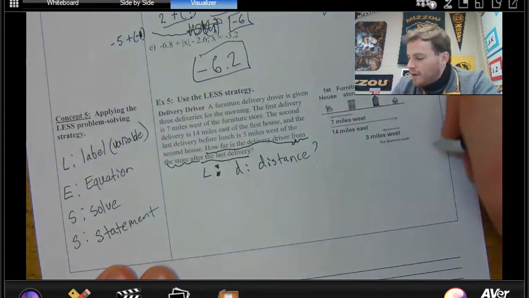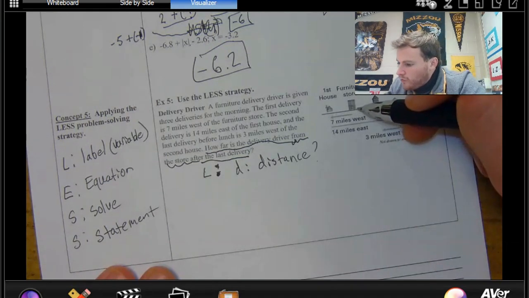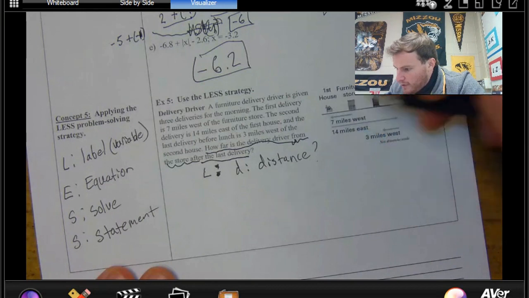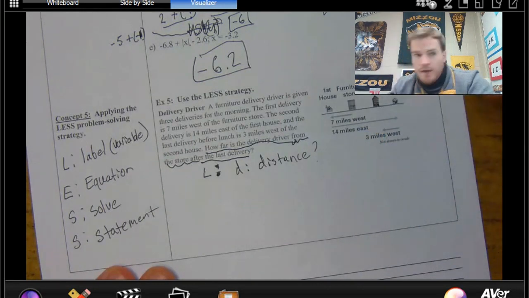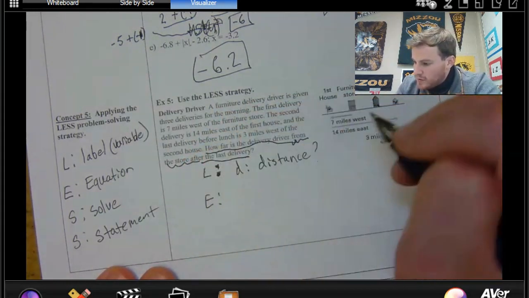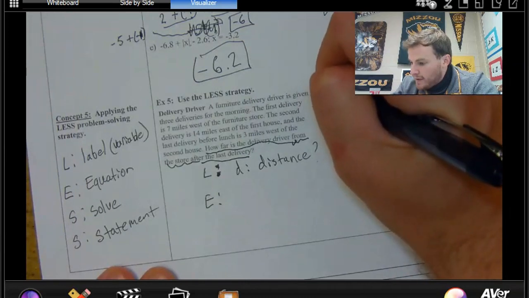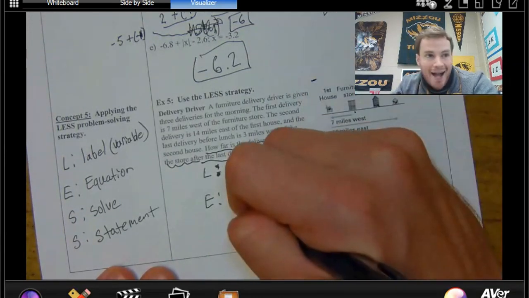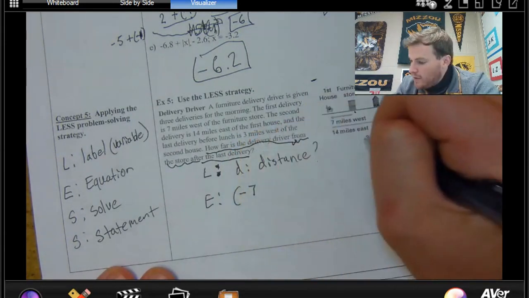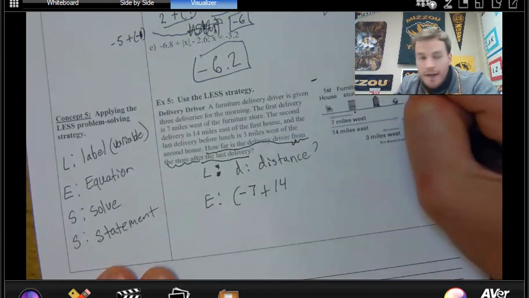We want to make a picture for that. You can see you started at the furniture store, you went to the first house, then you went back and went that way. So we have an equation that looks like this. You start at the furniture store, you go back, so we can make that negative, and that's positive. Minus 7. Then you started at negative 7, then you added 14 because you went positive that way.